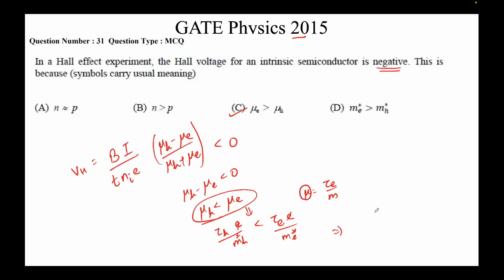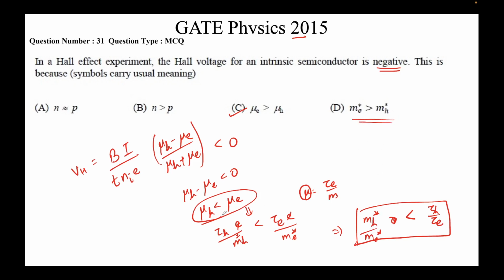Now let's find the ratio of mh star over me star. So mh star over me star is less than tau H over tau E. Now we cannot say anything about this quantity mh star over me star because it depends on the relaxation times, and the question is silent about it. So we cannot conclusively say anything about the ratio of effective masses, which option D talks about.